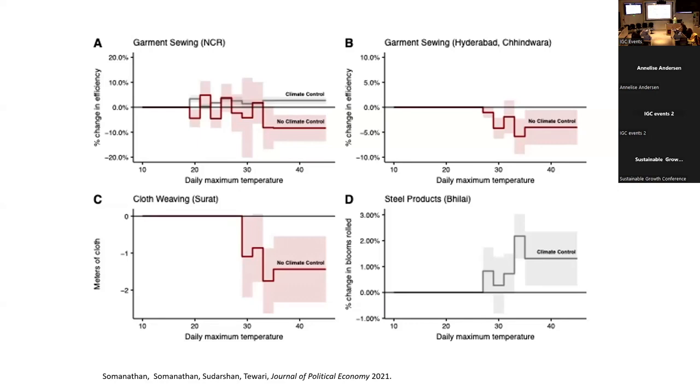In plants in which there's no climate control, which is the red lines, you see this dip with maximum temperature in a productivity measure which the company keeps. And if you look at the plants with the gray line in panel A and the gray line in panel D, you see that if there's climate control, you don't see that dip at high temperatures.